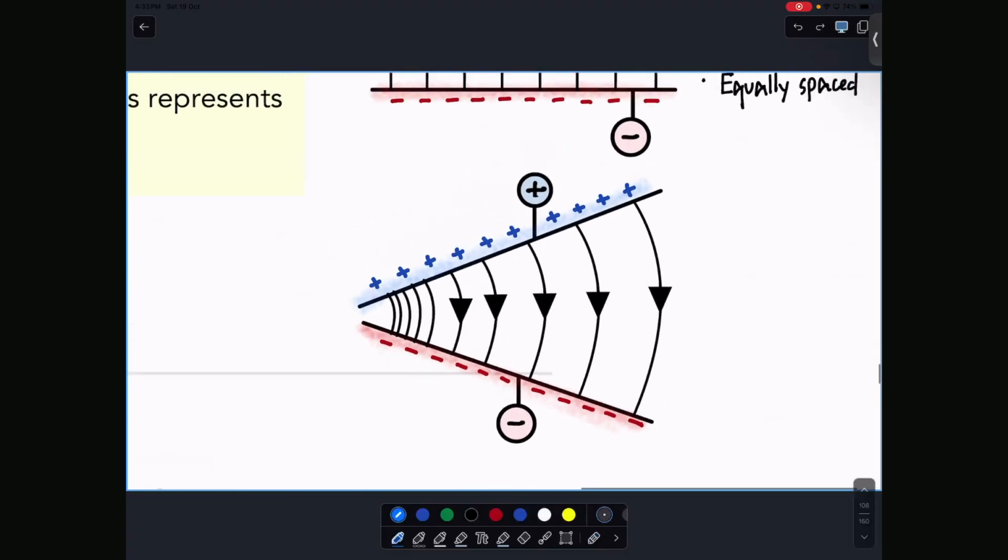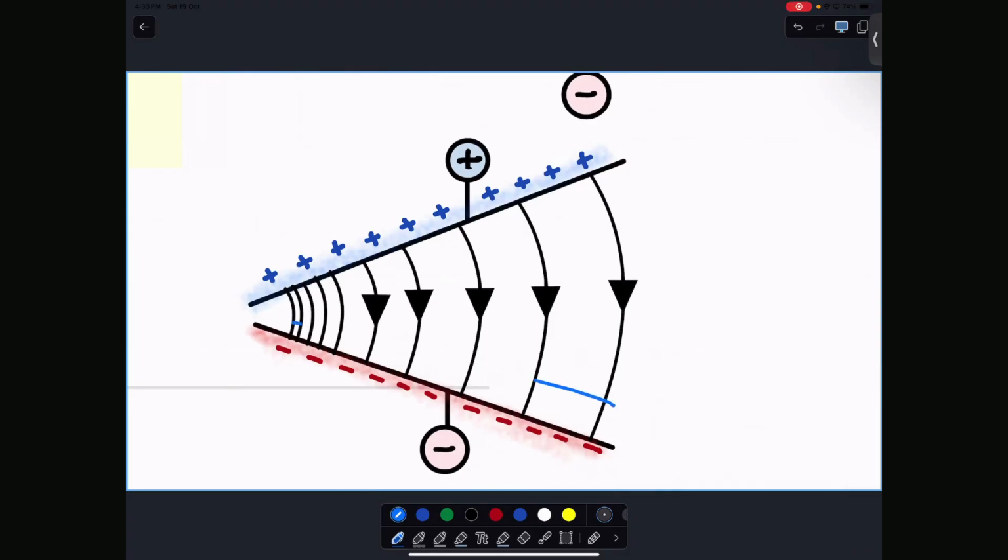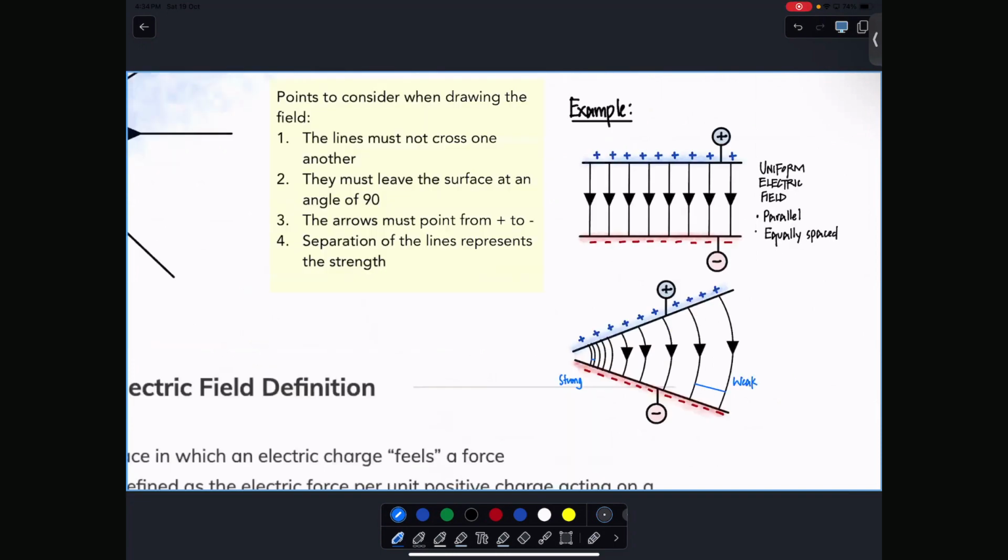You'll find that the distance here is really small, and that's a very large spacing, right? So it is weaker here. Okay, so let's move on.